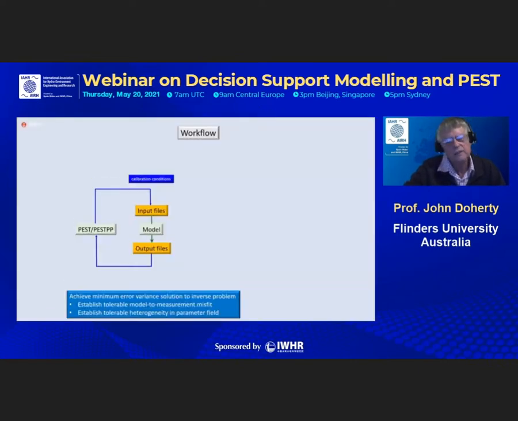The idea is that we've just calibrated a model. We've just history matched. We've just got the minimum error variance solution to our inverse problem. We've demonstrated that the simulator may not be perfect, but it's good enough to be able to fit the data, giving us parameter fields that we can relate to the geology and what we know of the hydraulic properties in the area.